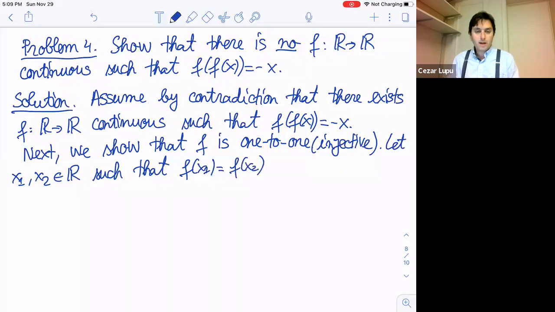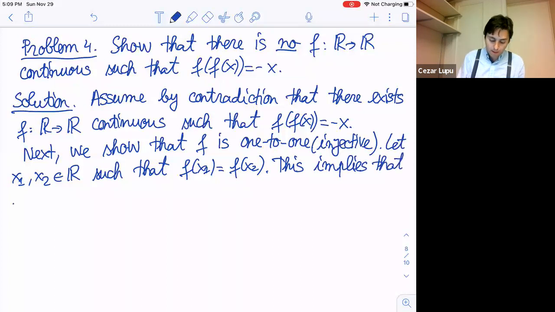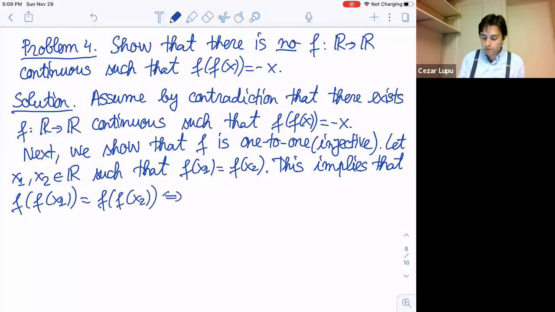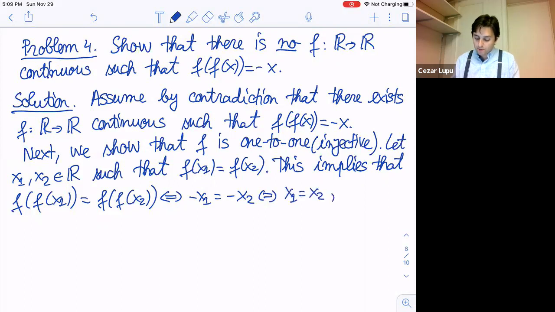Now by composition, this implies that f of f of x1 is the same as f of f of x2. But we know from the functional equation that f of f of x is negative x, so this implies negative x1 is the same as negative x2, which clearly implies that x1 equals x2. So f is 1-to-1.